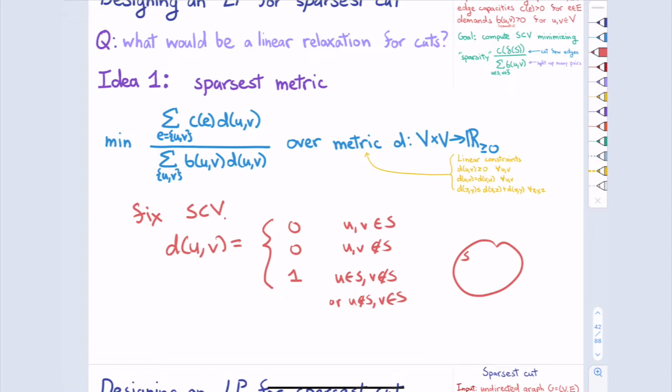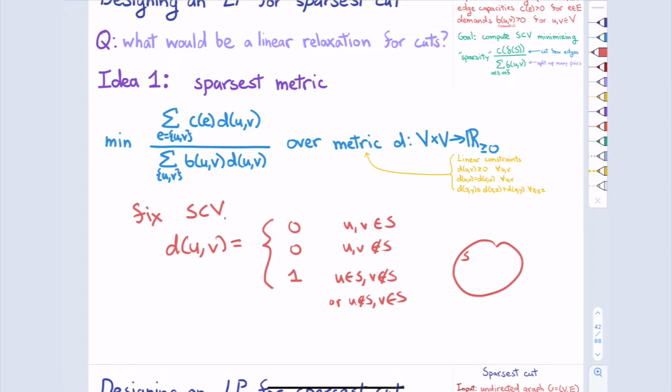Okay? So there's this connection, or one creative way to try to come up with a linear relaxation of cuts is via metrics. So to write an LP, then, what we've done in the numerator is say, now I'm asking you to choose a metric, assigning distances between all pairs.